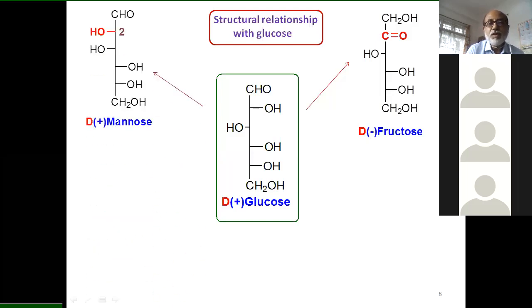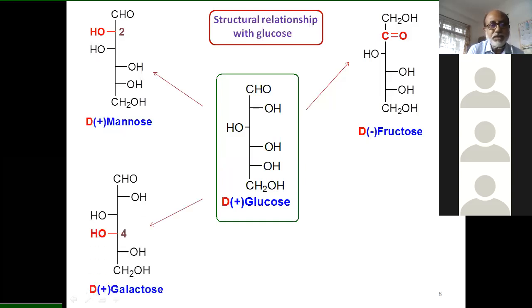Another structure is mannose. Mannose and glucose differ at carbon number 2. This OH group is on the right-hand side in glucose, and on the left-hand side in mannose. Another important structure is galactose. The difference is at carbon number 4: 1, 2, 3, 4.